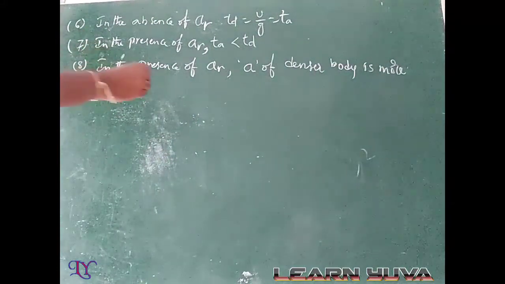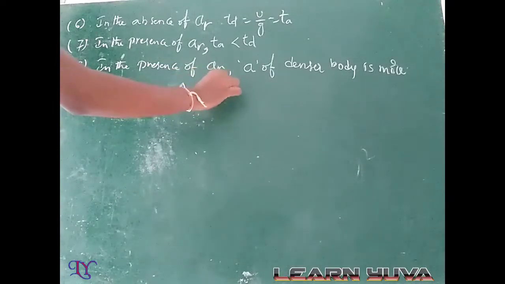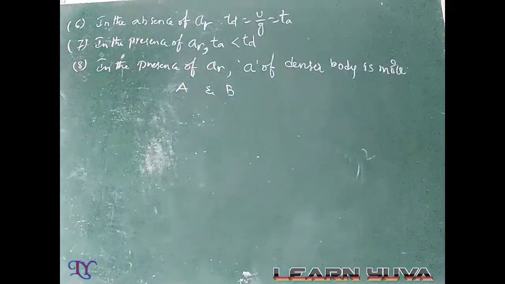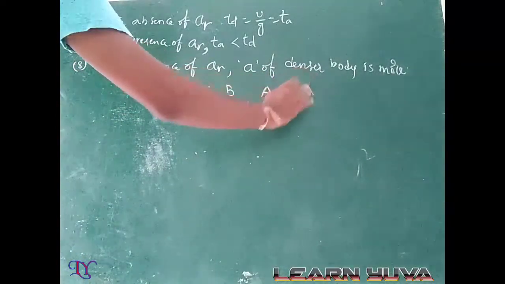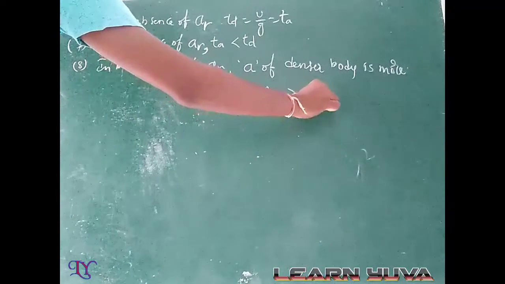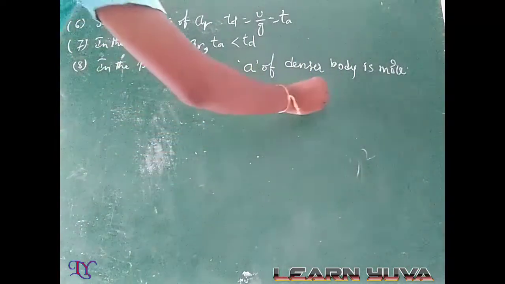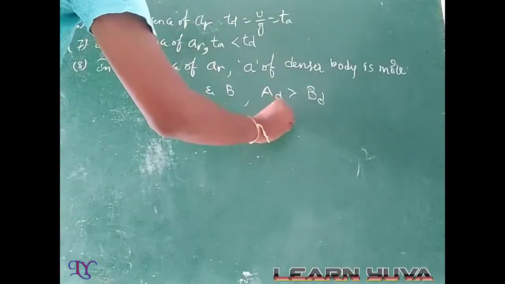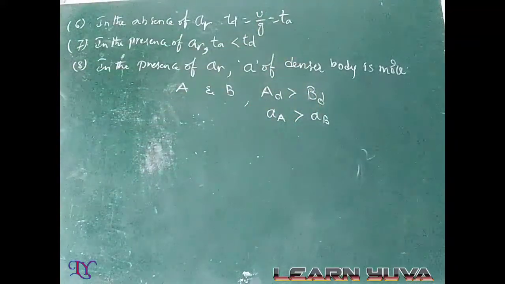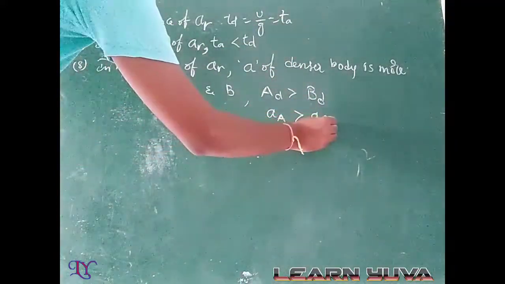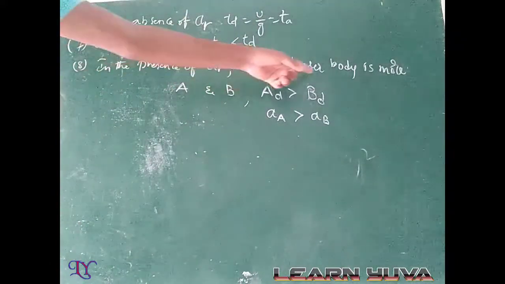For example, two bodies are there, A and B. The density of A is greater than the density of B. Then the acceleration of A is greater than the acceleration of B. According to this statement, in the presence of air resistance, the acceleration of a denser body is more.